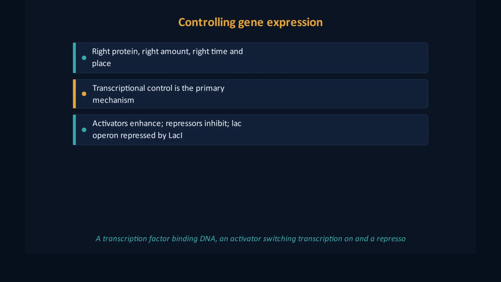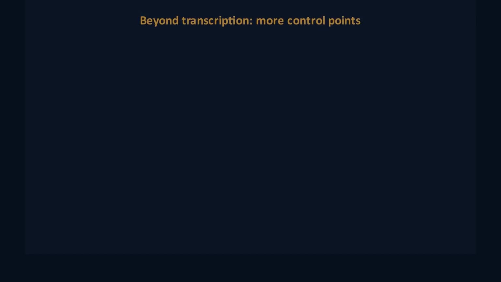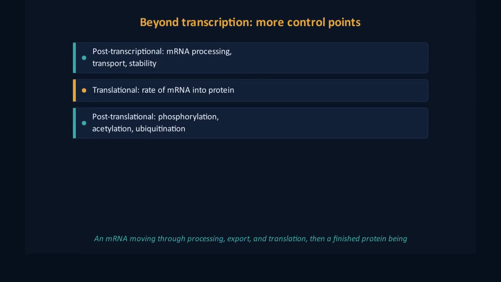This is where positive and negative control live. Positive regulation uses activators that enhance gene expression, negative regulation uses repressors that inhibit it. The lac operon is the classic example of negative regulation, where the lac repressor controls the genes involved in lactose utilization.